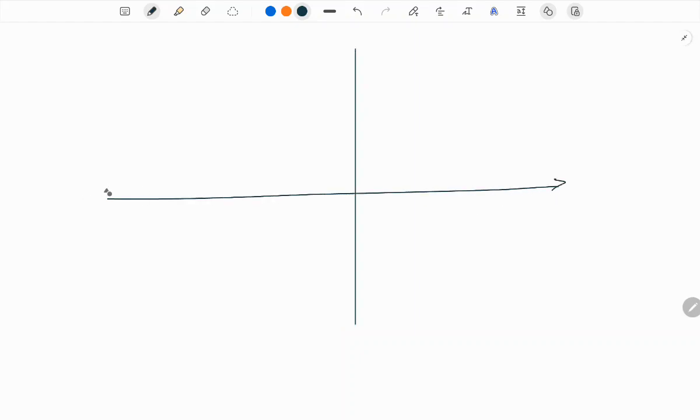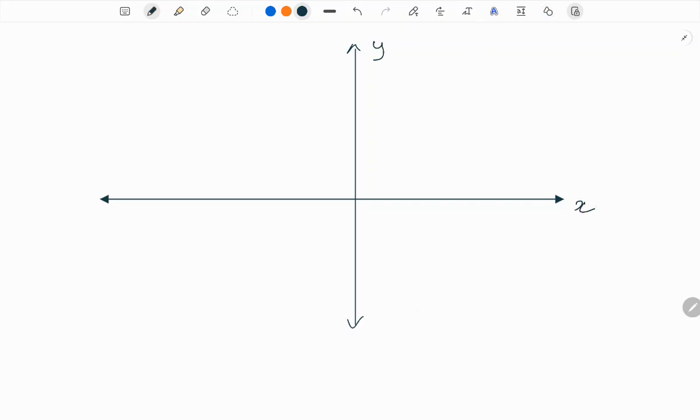This is our graph, and this is the x-axis and this is the y-axis.